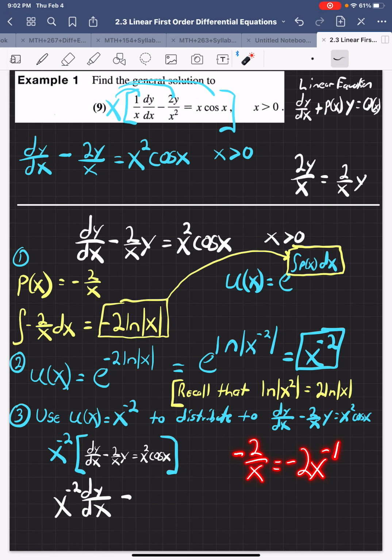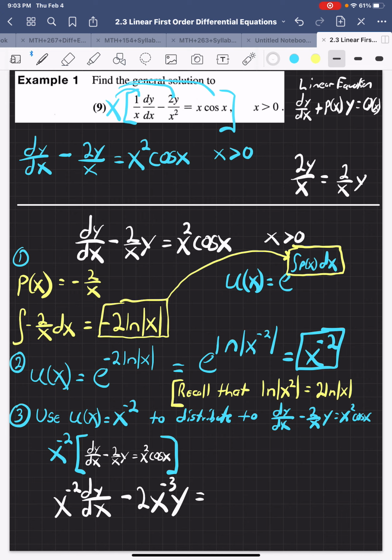And if you have x to the negative 1 multiplied by x to the negative 2, you just get x to the negative 3. So that's what's about to happen. So minus, we got 2x to the negative 3 y.